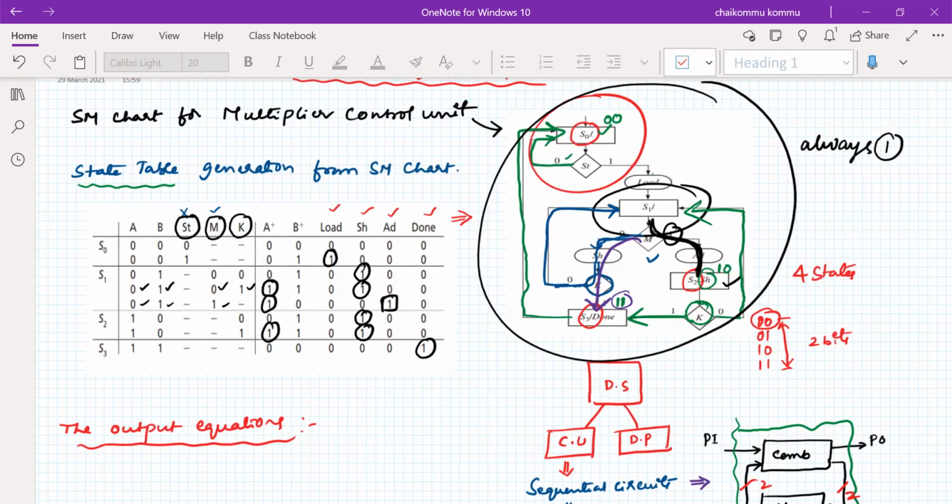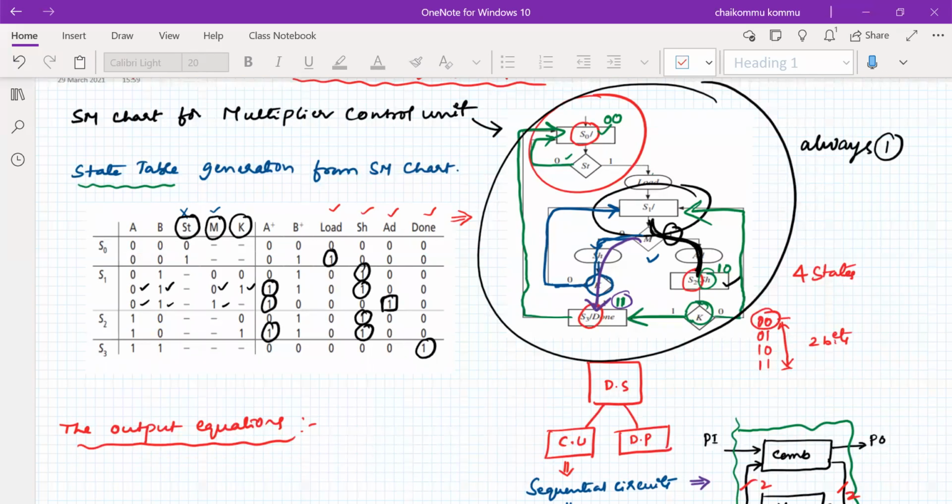Previously we saw that whenever we have a state diagram, it comprises a combination block and the memory element. For every combination block, we get the information based on the state diagram. The memory element is for the always two block we have used.